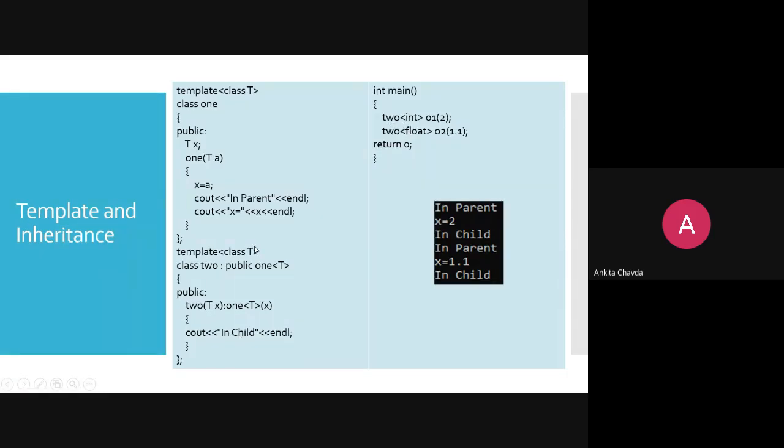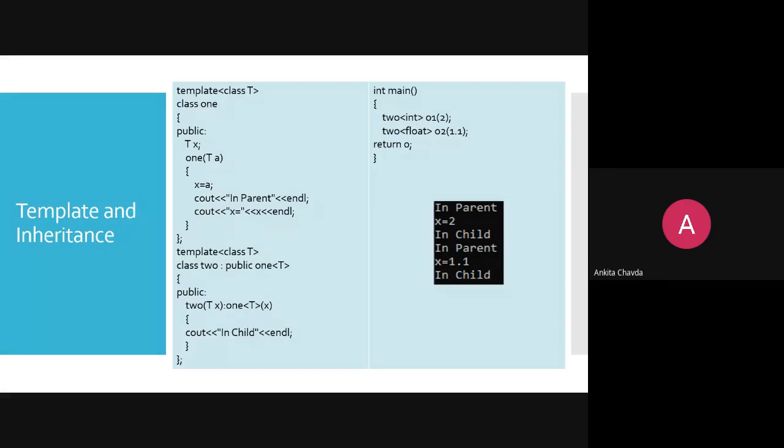So the very first time, you always create the object of your child class, right? So I'm creating the object of class 2, but I want all the values as integer, so you specify int, then you create the object with the name O1 and pass the value 2, because your class will include integer variables.